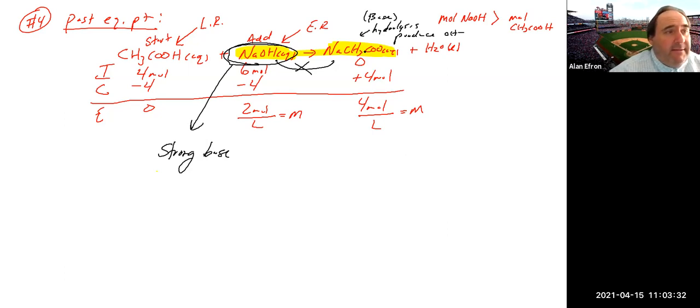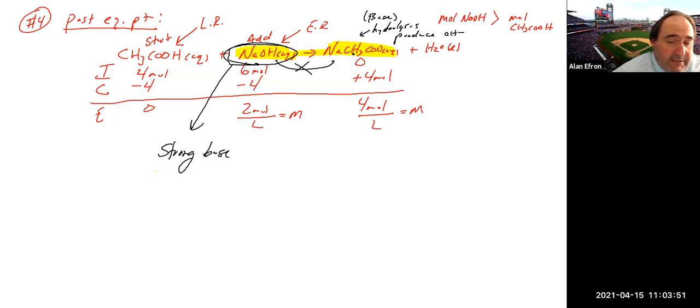You could kind of think about it this way. In order for the sodium acetate to produce hydroxide, it's got to go find water, it's got to do a reaction. And for the sodium hydroxide to produce hydroxide, it pretty much just needs to go for a swim. It's going to break apart.